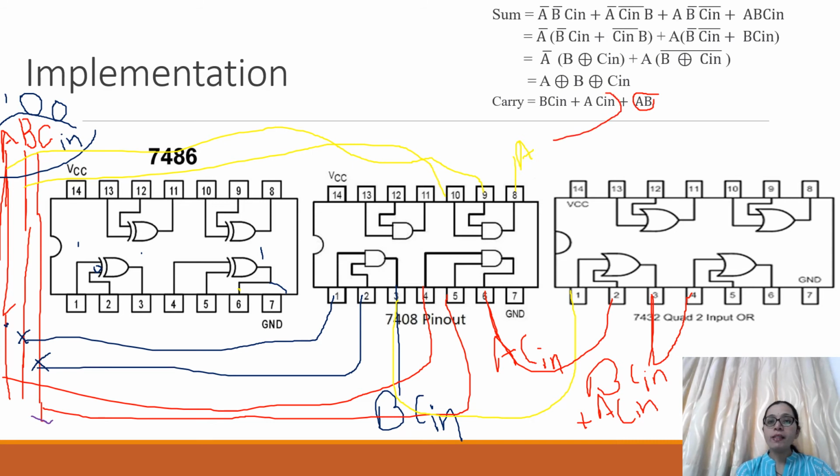That is BC in plus AC in. So where I have obtained BC in plus AC in at the third pin, I have given the same as the input to the fourth pin, and the fifth pin will have which input? AB. So I have obtained AB here, so I will give it to the fifth pin, and what is the output at the sixth? That is carry. BC in plus AC in plus AB.